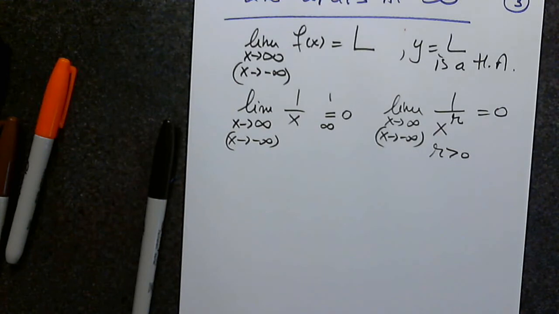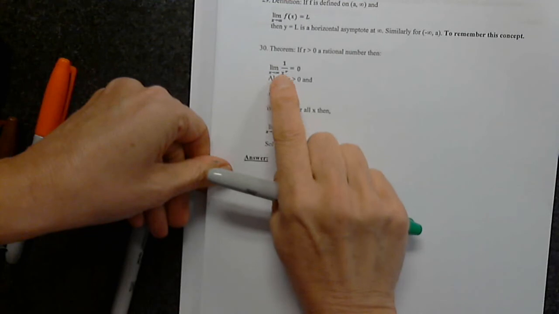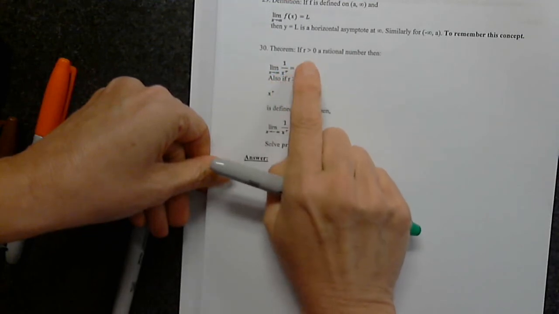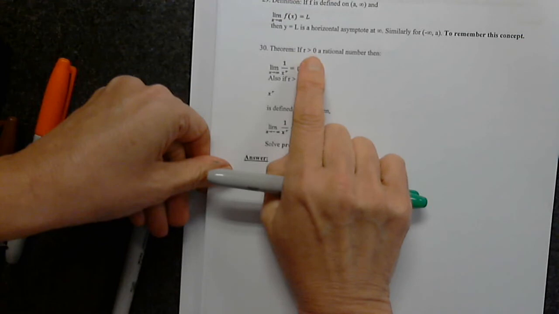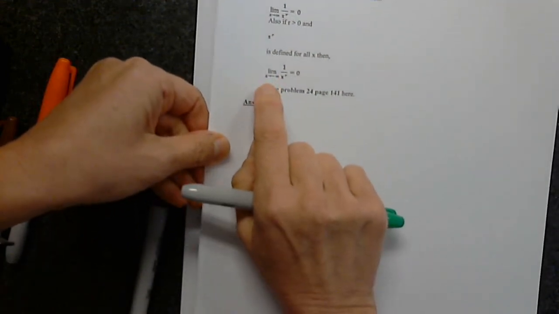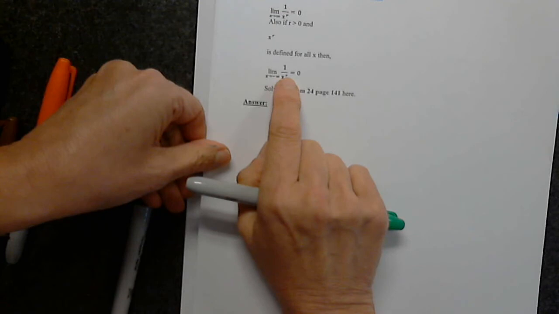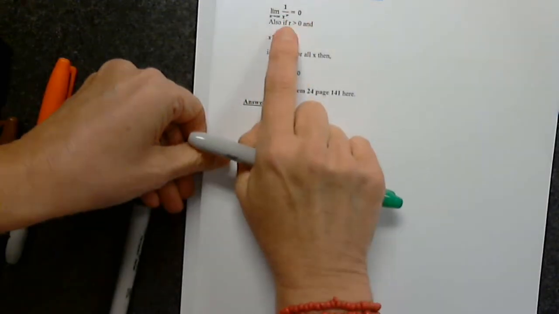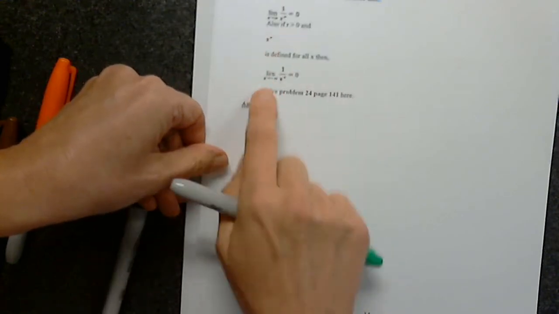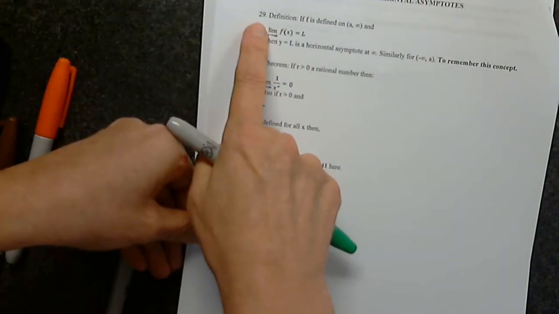Because if it's a negative number, it goes to the top, and the answer will no longer be 0. Very good, and I should have that on my checklist. Here it is: the limit of 1 over x to the r is 0 if r is a number greater than 0. And the limit as x approaches negative infinity of 1 over x to the r is still 0, as long as r is a number greater than 0. You have this under number 30, and also under number 29.